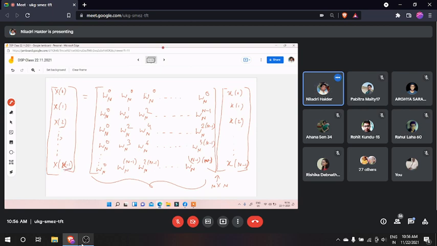For the last row, the jump is 0, n-1, 2 n-1, 3 n-1, up to n-1 into n-1. So it is very easy to keep that matrix in mind, and if you write that matrix as code, whatever DFT operations you have, you can easily solve them, whatever the size of the DFT sequence.